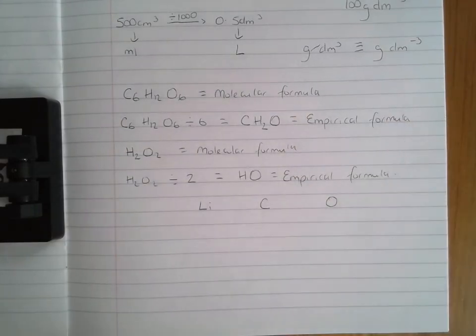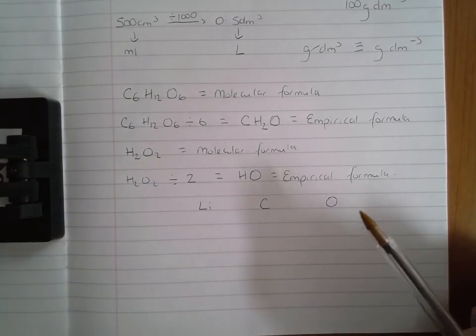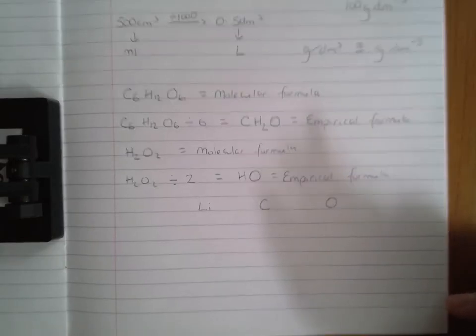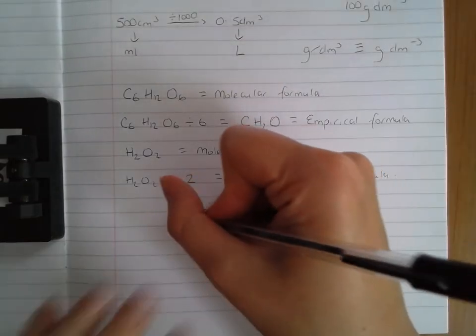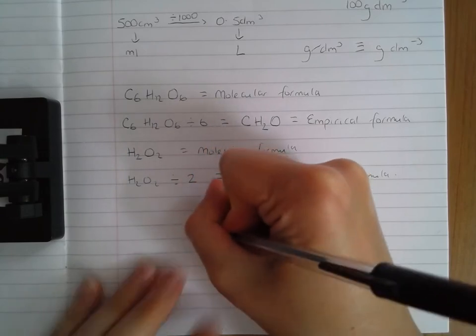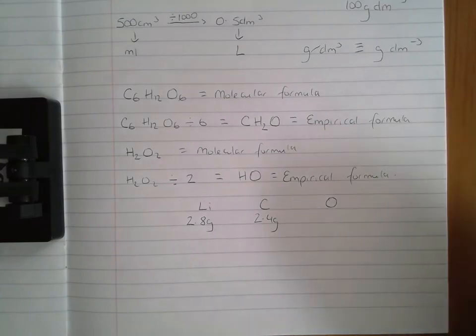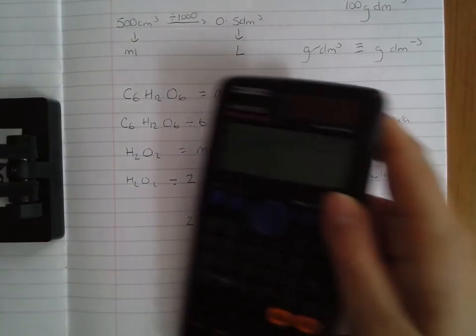They want to know what ratio those atoms are present in, and they tell you that you've got 14.8 grams of your compound in total. They tell you that 2.8 grams of that is lithium, 2.4 grams is carbon, and the remainder of the compound is oxygen.